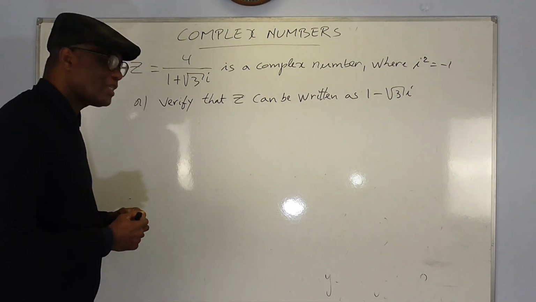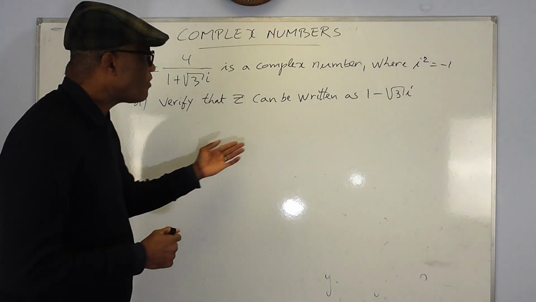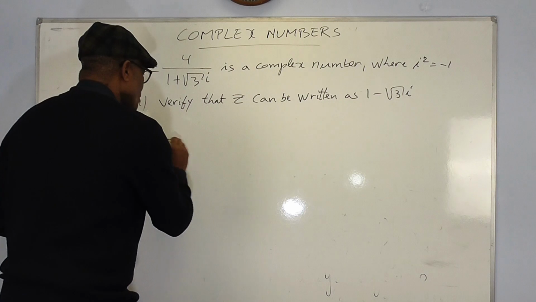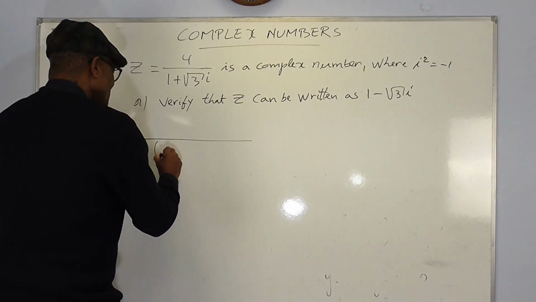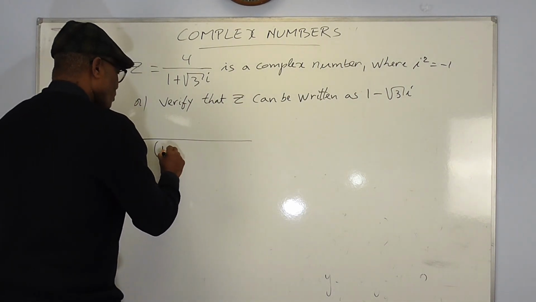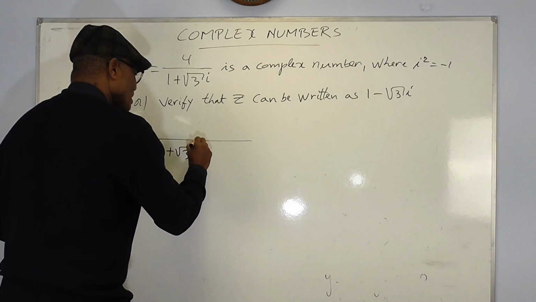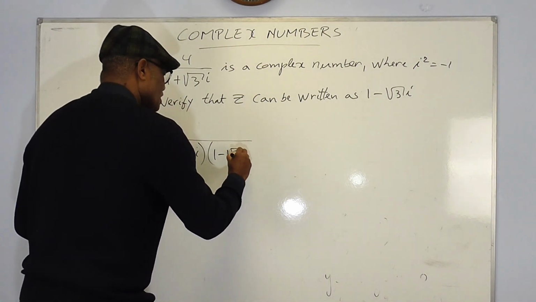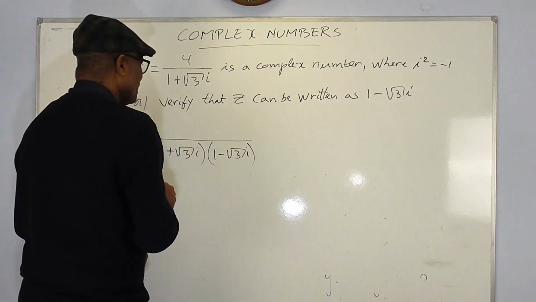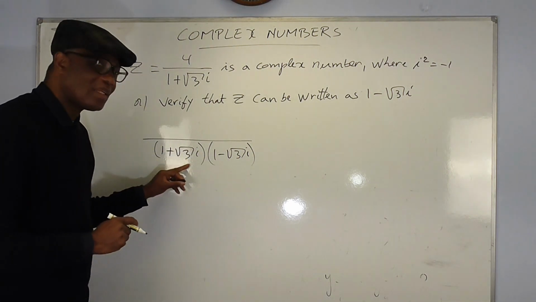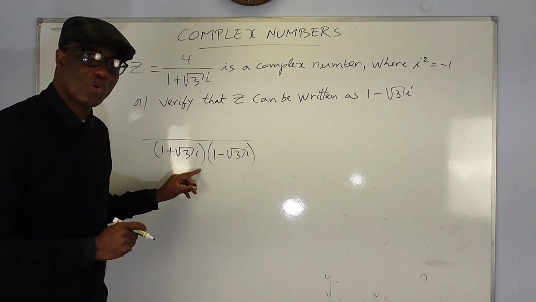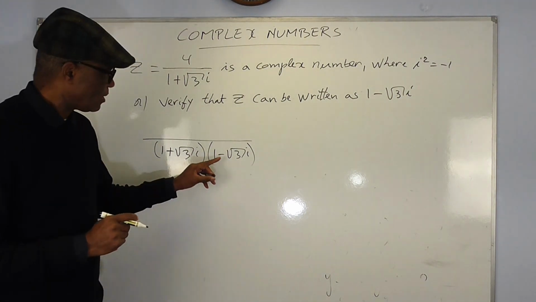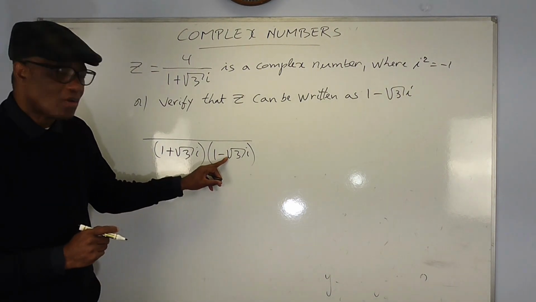Now, we need to have it in this form. What we do is multiply the denominator, that is 1 plus square root of 3 i, by its conjugate, that is 1 minus square root of 3 i. So the conjugate is what?